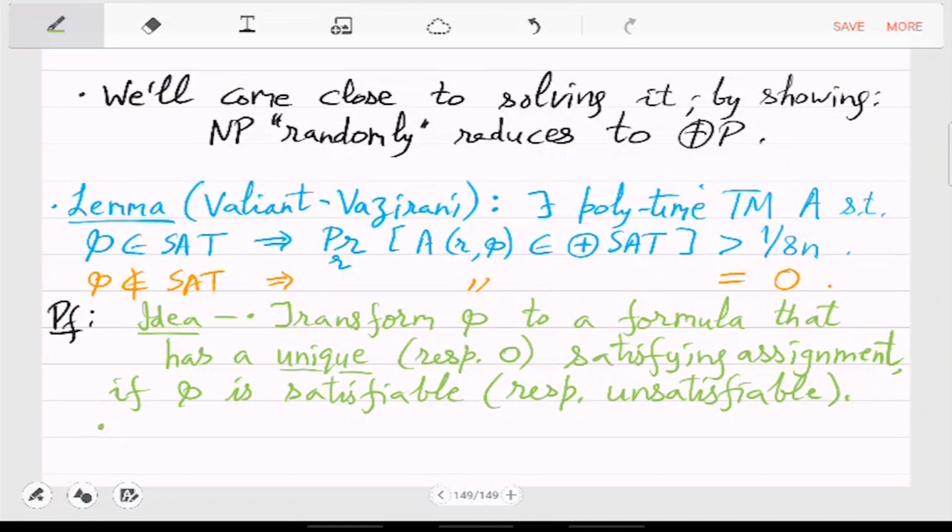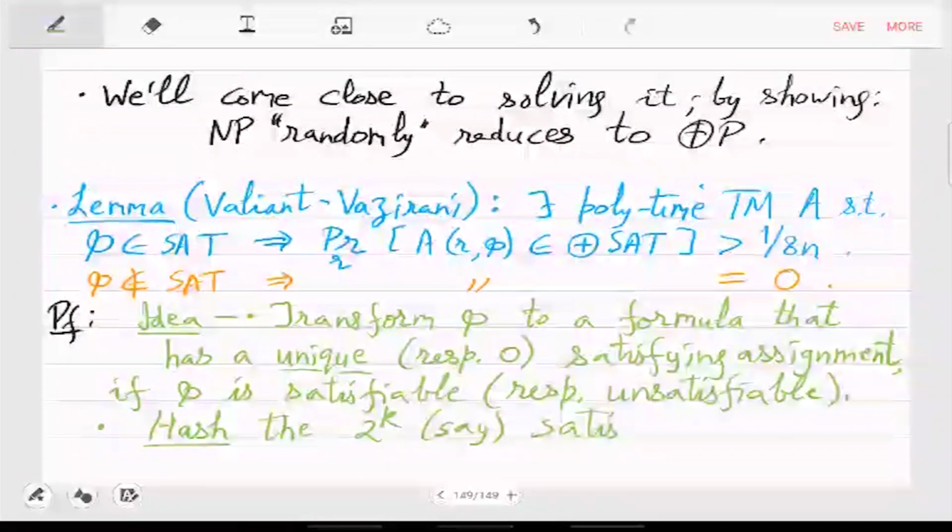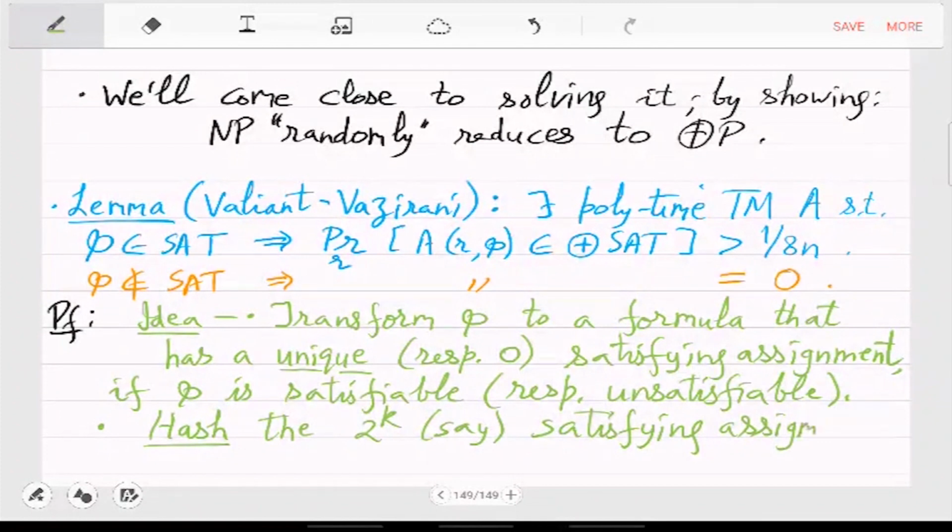So use, basically hash the 2 raised to k satisfying assignments of phi into that many buckets.